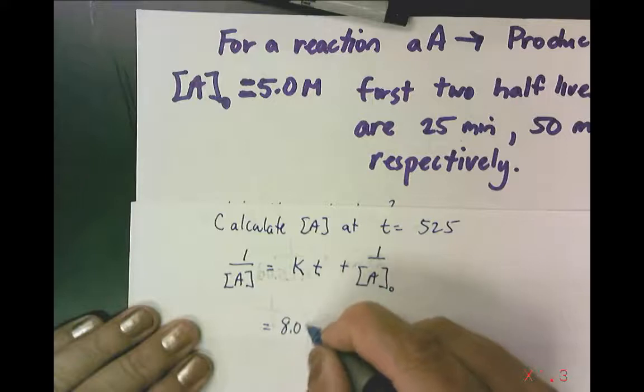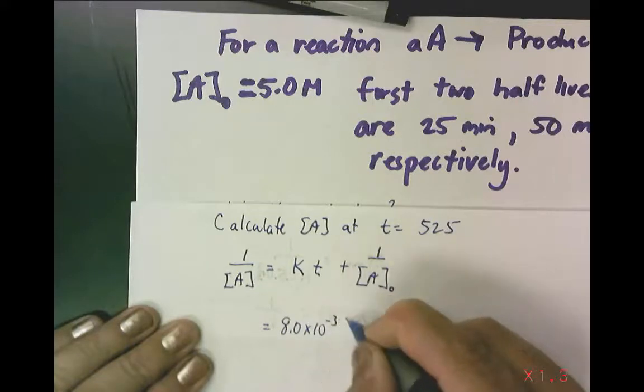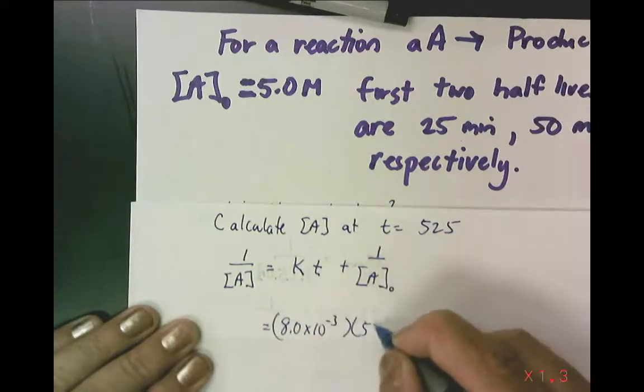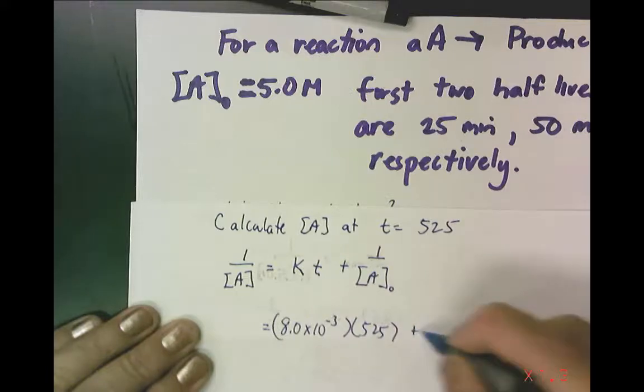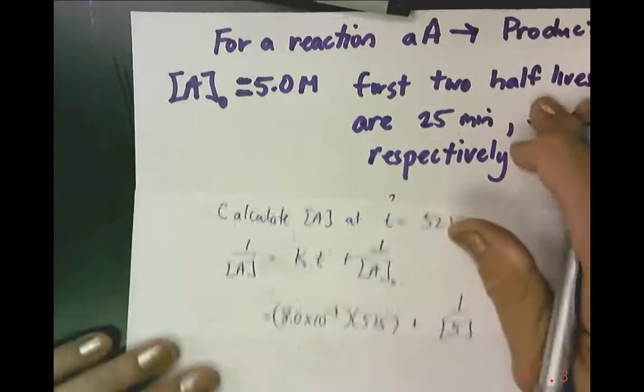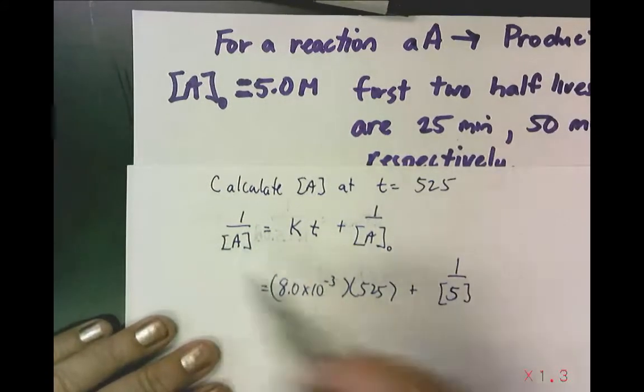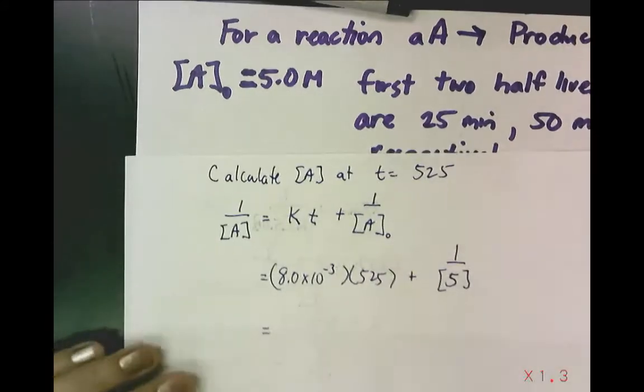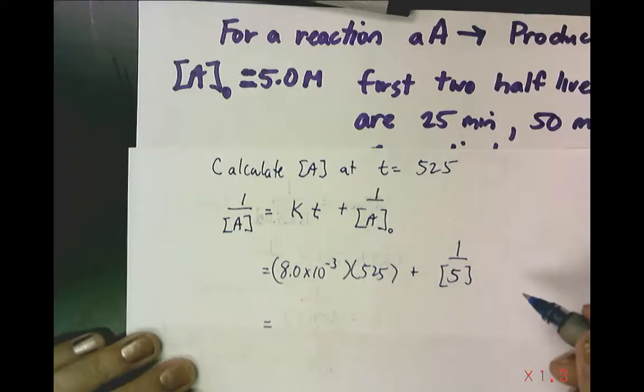So 8.0 times 10 to the negative third at 525 minutes plus 1 over 5. Now you can see I've left out units because we're dealing with concentration. And so I get my values here.